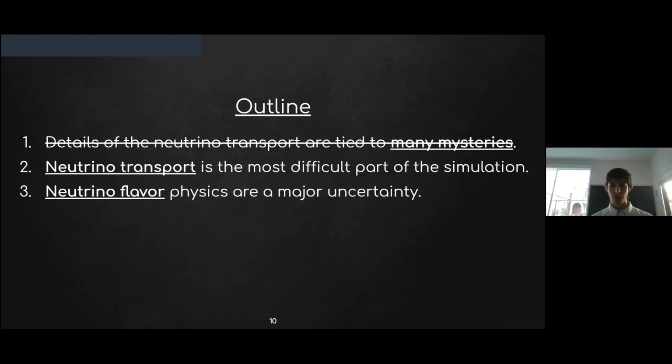So here's my outline. Congratulations, you got through the first part. Hopefully I convinced you that the details of the neutrino transport really are intricately tied to many of these fundamental mysteries in astrophysics. So for the rest of the talk, I will talk a little bit about the neutrino transport problem itself, and describe exactly how difficult a problem it is and what we can do about it.